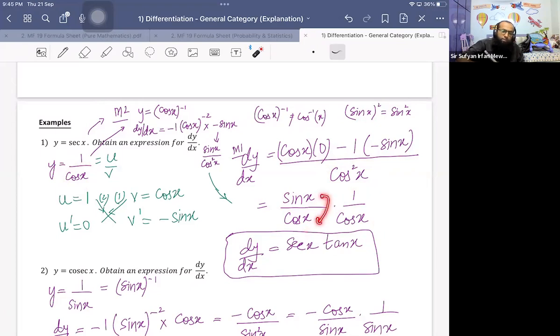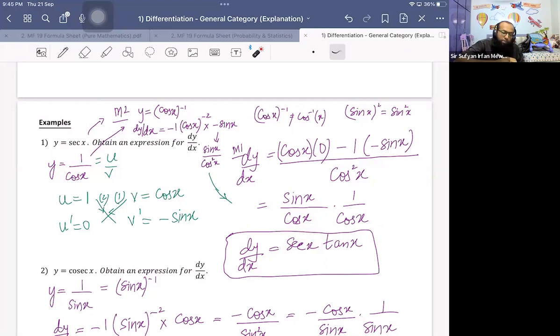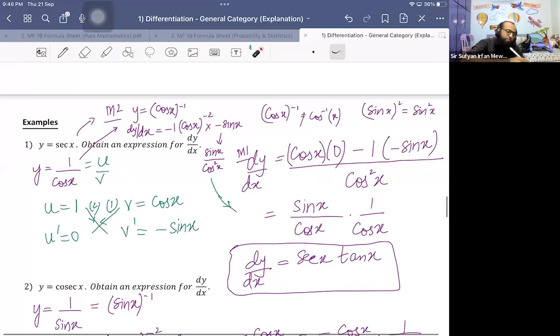Then sine upon cos is tan, and 1 upon cos is sec. So when we are told to rewrite sec x as 1 upon cos x and show that dy by dx is sec x tan x, this is how we can show it. This is one of the methods. Sec x is 1 over cos x, and we dealt with it using the quotient rule. So this is method number 1.